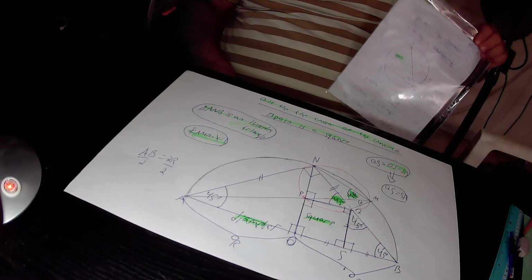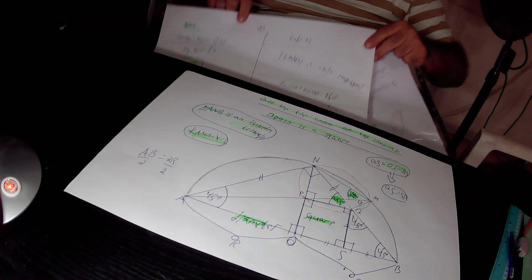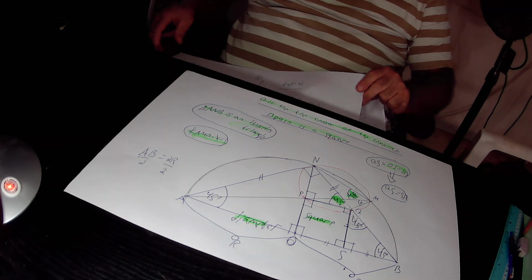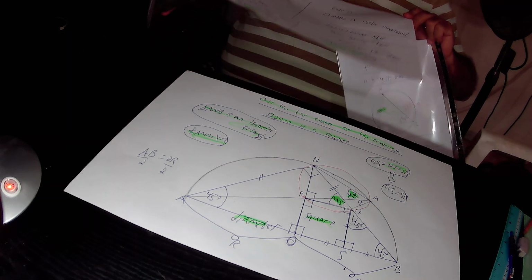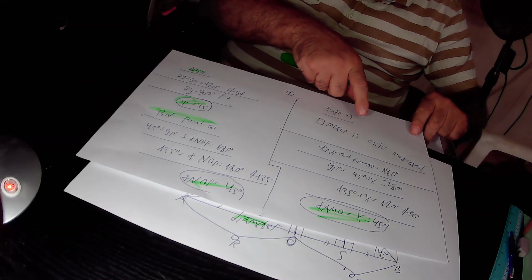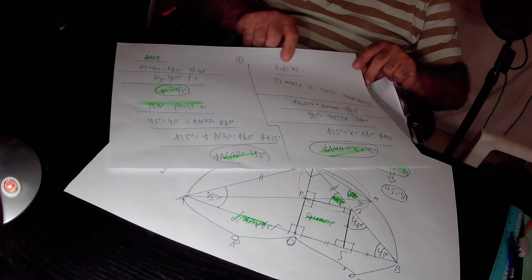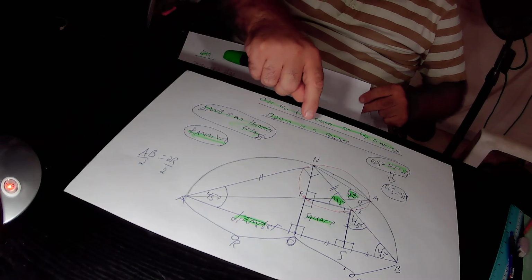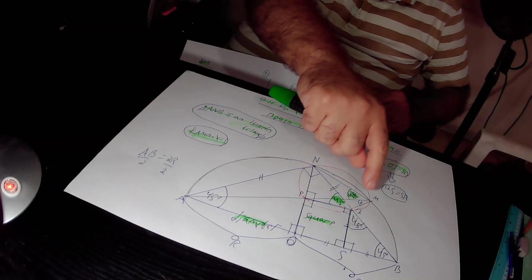So you can write down that quadrangle NMQP is a cyclic quadrangle. Therefore, you can block this quadrangle NMQP by a circle.